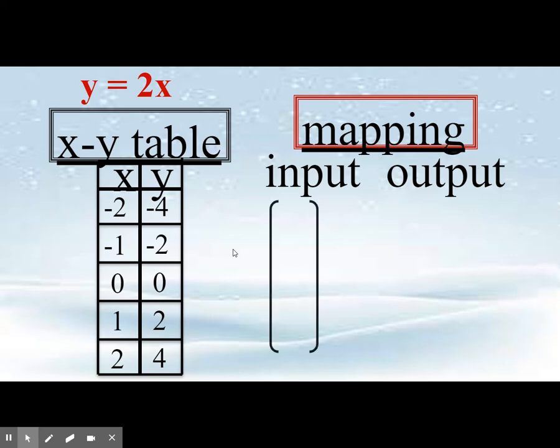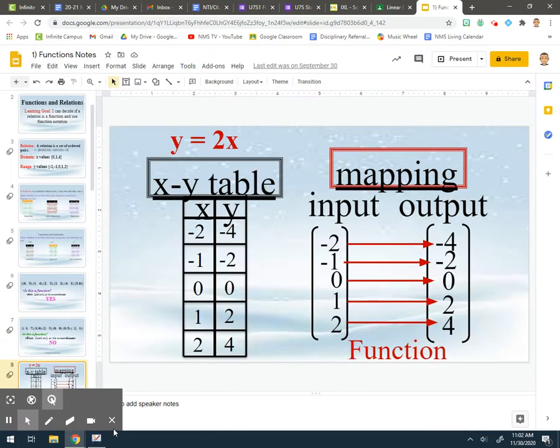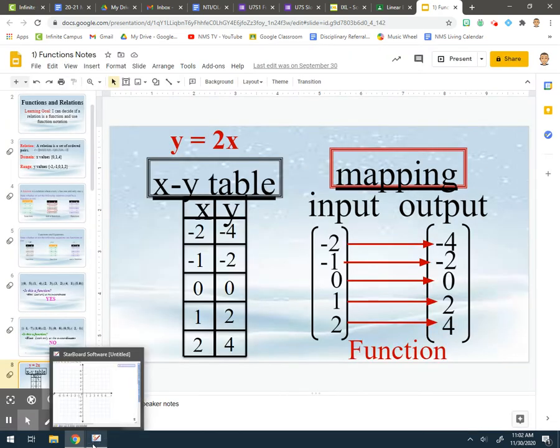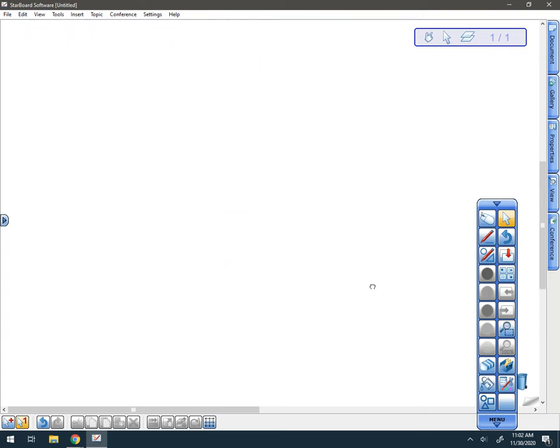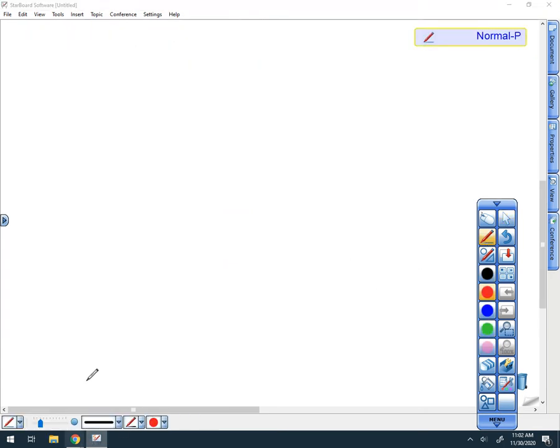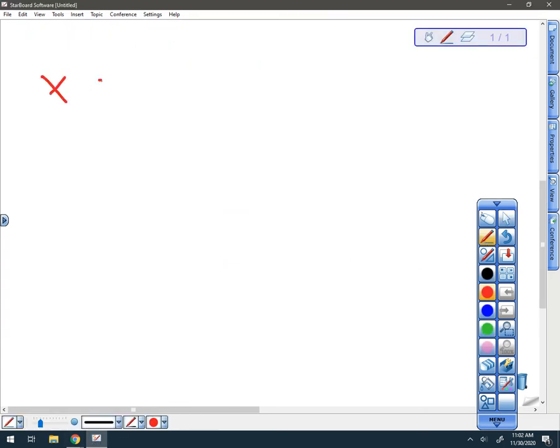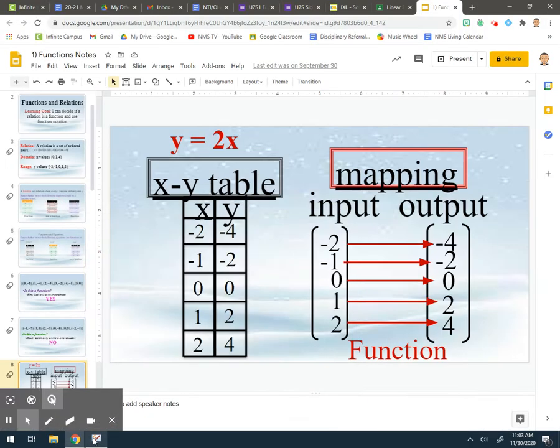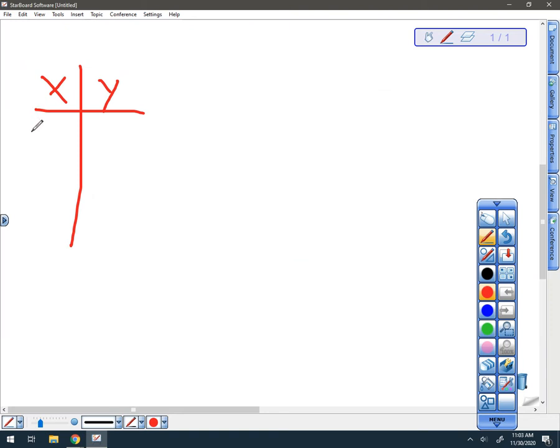I don't like the way this looks on here, so what I'm going to do is put it on here. So we have x, y. Our x's are -2, -1, 0, 1, 2.